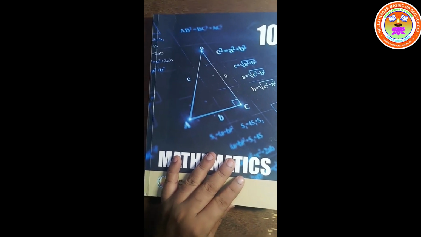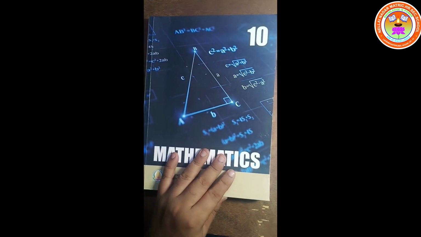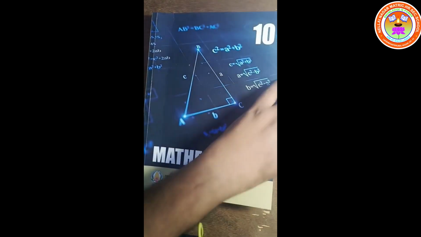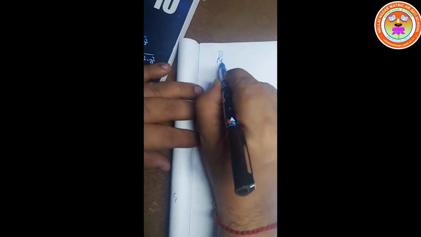Now exercise 1.2. Before doing that exercise 1.2, you must be knowing the concept of relation.